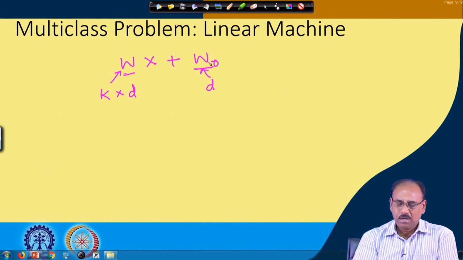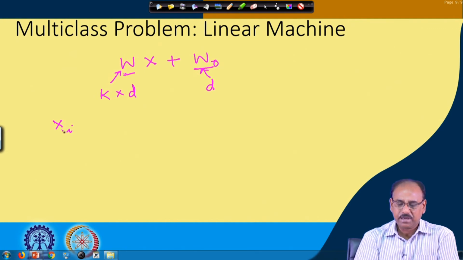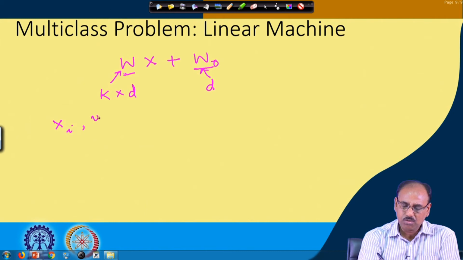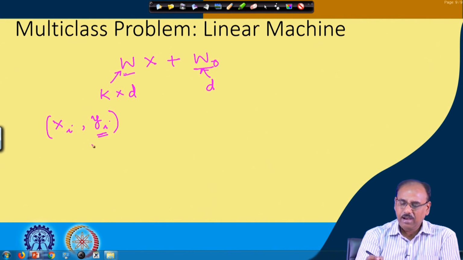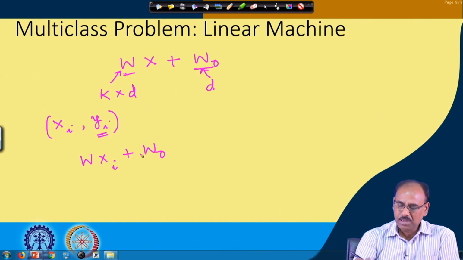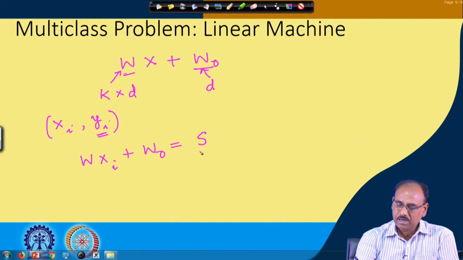So, once I have this, for any unknown vector x, or if I take the training vector x I which belongs to omega I, corresponding to that my index is y I. So, for this x I, y I pair, if I compute the expression W x I plus W 0, this will give me a column vector. Let me call that column vector S. So, what does this column vector give?